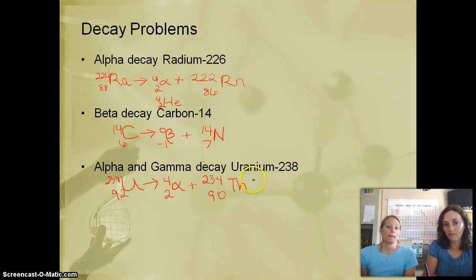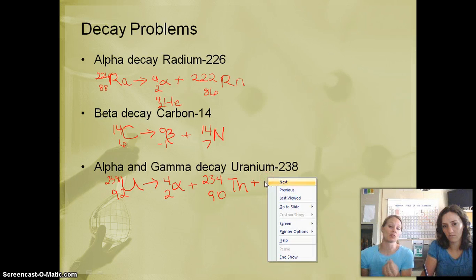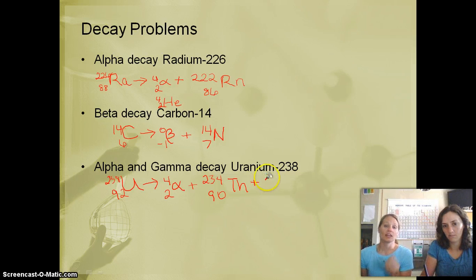Okay. Now, why do we leave gamma to the end? Because gamma has no mass, it has no charge, so it doesn't make a difference on what element is left over. It just has to be on there to show that it was given off. So we have gamma, and we can write a 0, 0 for the mass and for the proton number, because it doesn't have any of those.